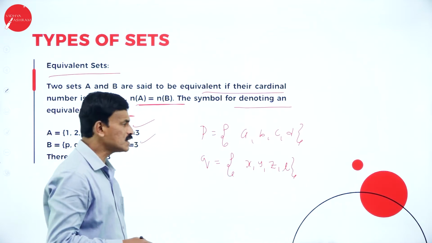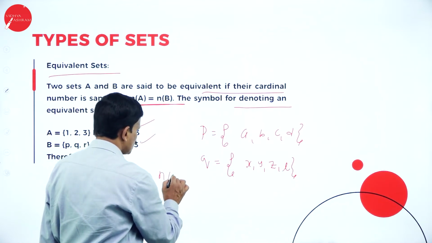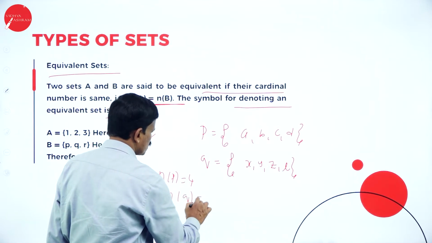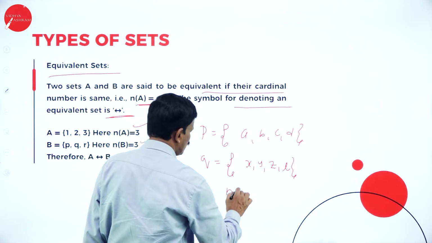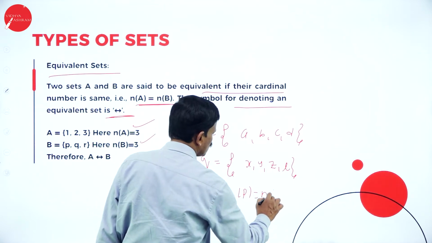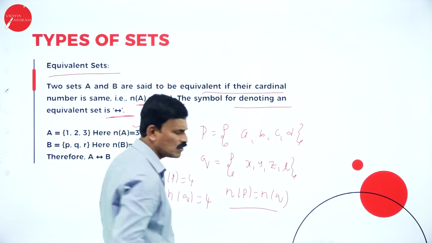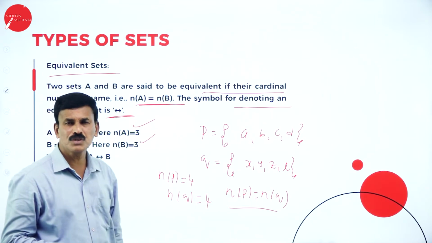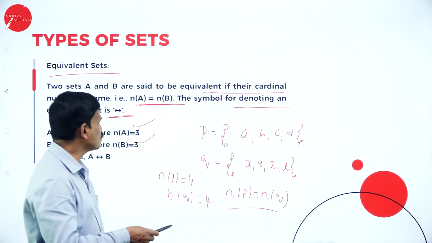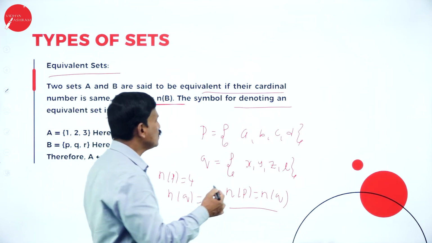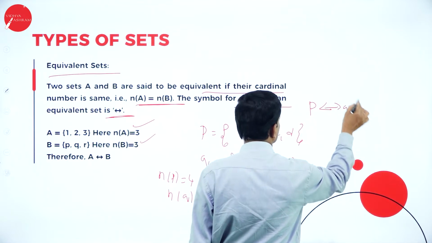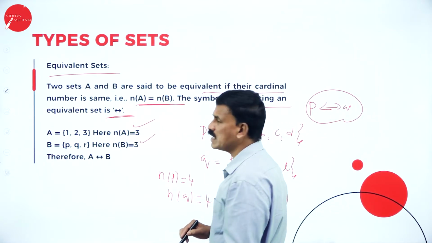The number of elements in set P is equal to the number of elements in set Q, so the cardinality of both sets is equal. Therefore, these two sets are called equivalent sets and it is denoted as P is equivalent to Q.